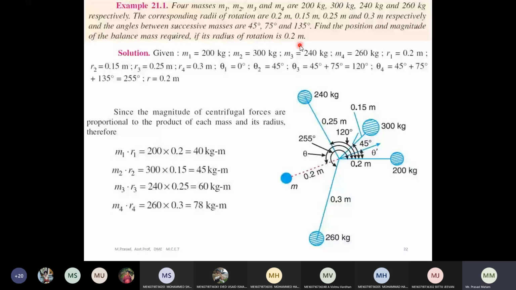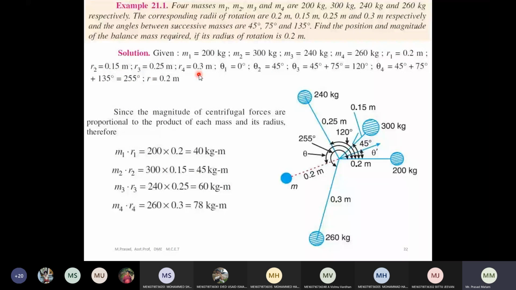For this problem, the first step is to write the given data. Given M1 equals 200 kg, M2 equals 300 kg, M3 equals 240 kg, and M4 equals 260 kg. The radius of rotation for mass 1, R1, is 0.2 meter, R2 is 0.15 meter, R3 is 0.25 meter, and R4 is 0.3 meter.